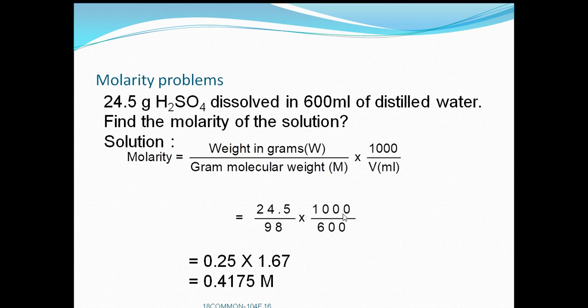Right? So here, 24.5 by 98 into 1000 by 600. What is the value? 0.25 into 1.67. If you multiply these values, we get 0.4175 M. We can round to two digits and write 0.42 M. This is the molarity of the solution.